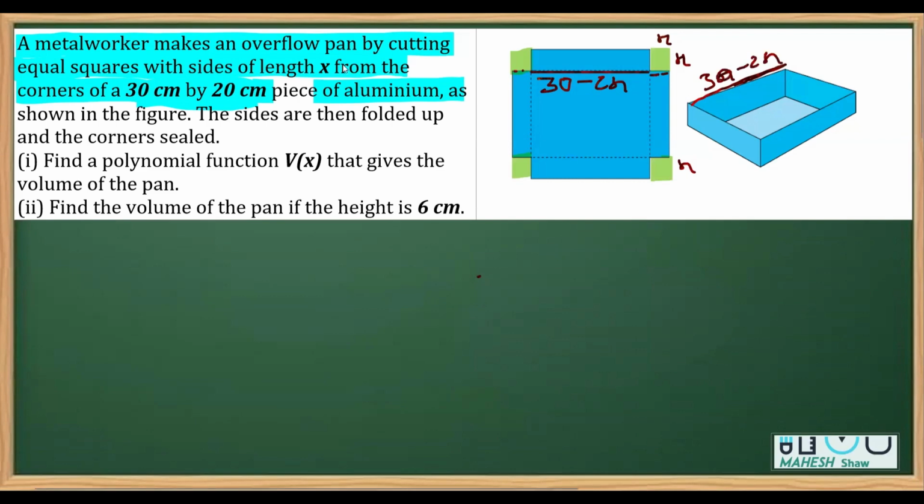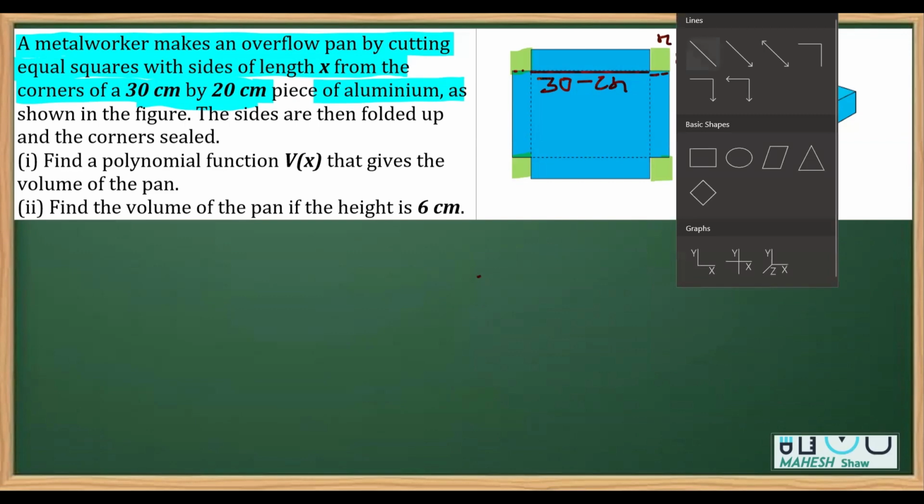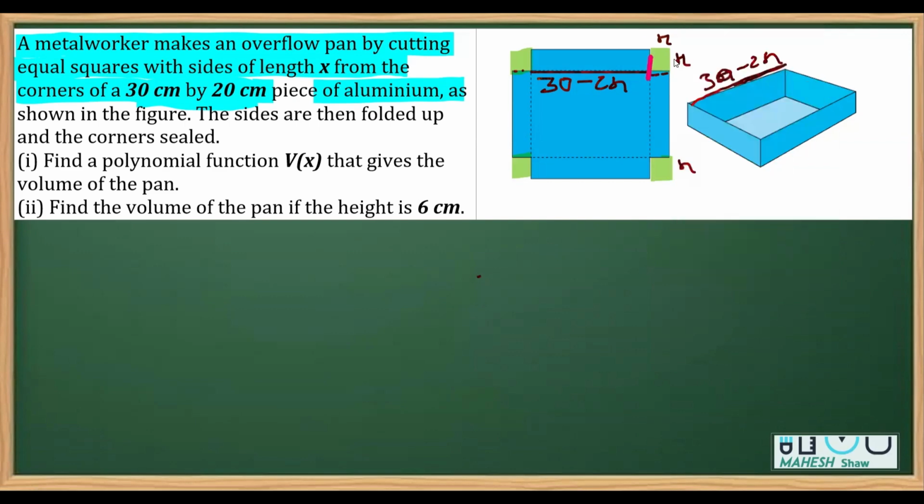Now, the same is going to happen with the width. As you can see, if I take this as the original width, an x unit is cut from this side and another x unit is cut from this side. So the width, which was originally 20, the new width should be 20 minus 2x.